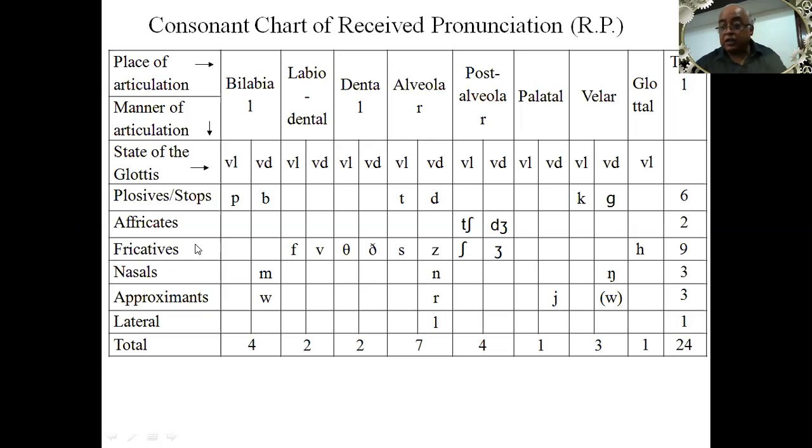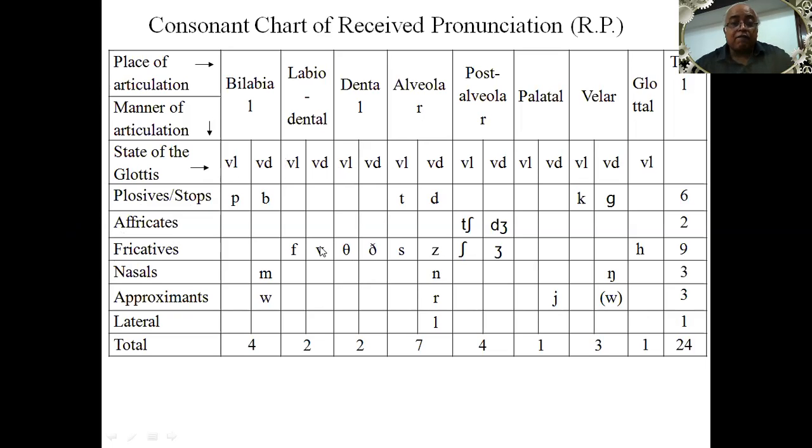What did we say about fricatives? Fricatives are where there is a stricture of close approximation. There is a narrowing, and when the air passes through, there is a lot of friction. So, f is a voiceless labiodental fricative.